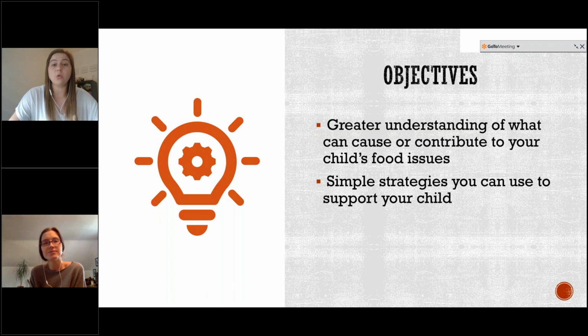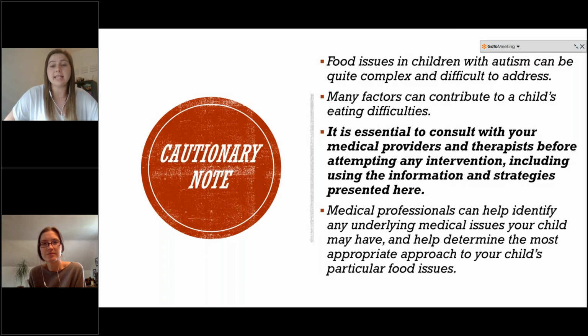A quick cautionary note is that the food issues for children with autism can be very complex. There are a lot of factors that come into play, and you can look at food issues from very diverse perspectives. You can see food issues from the outside: how am I going to behaviorally shape them, how am I going to modify this so that I can better interpret their behavior?